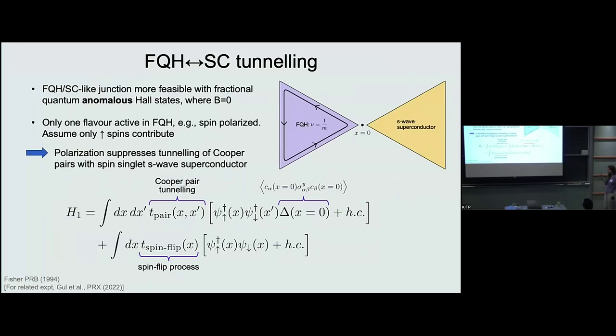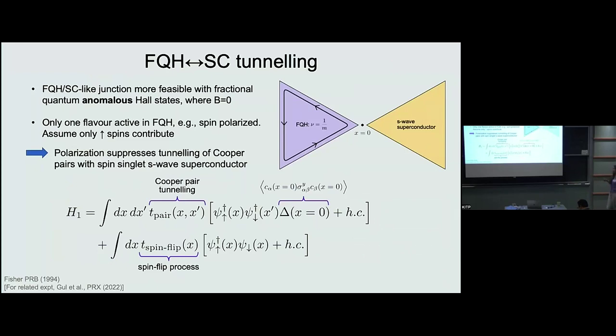Okay. I should say I'm going to just assume an S-wave spin singlet superconductor. Right, so the first problem is that I have been so far implicitly assuming that I only have one flavor, say spin up, realized in my fractional quantum Hall state.